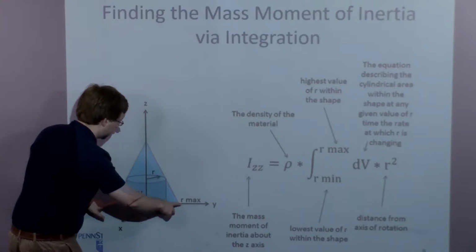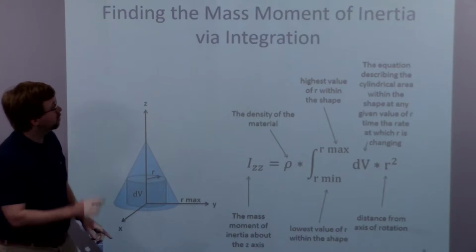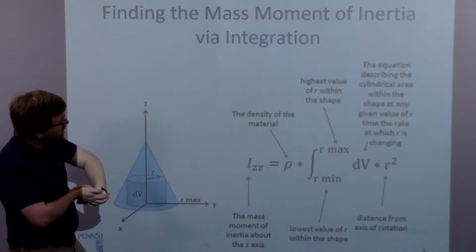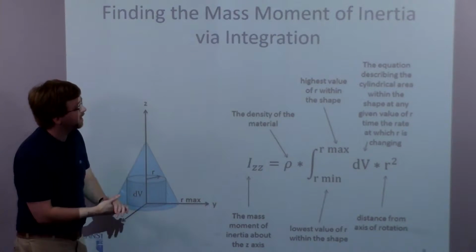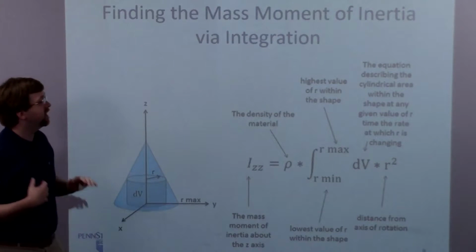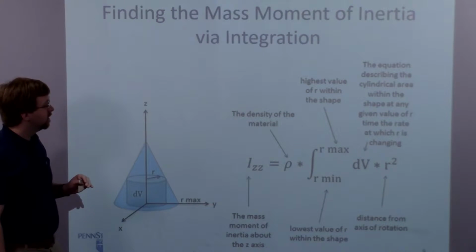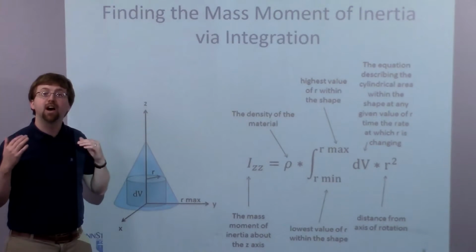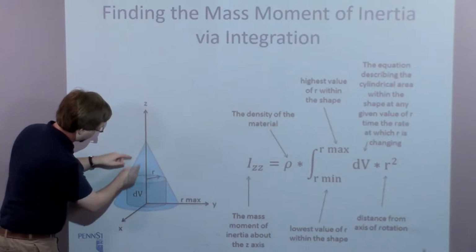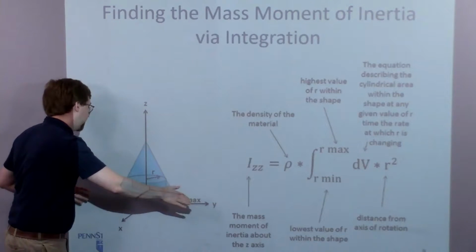So it's following this piece down. And so that equation is describing the cylindrical area, the sides of the cylinder within the shape at any given value of r. It's basically circumference times height, where height decreases and circumference increases.